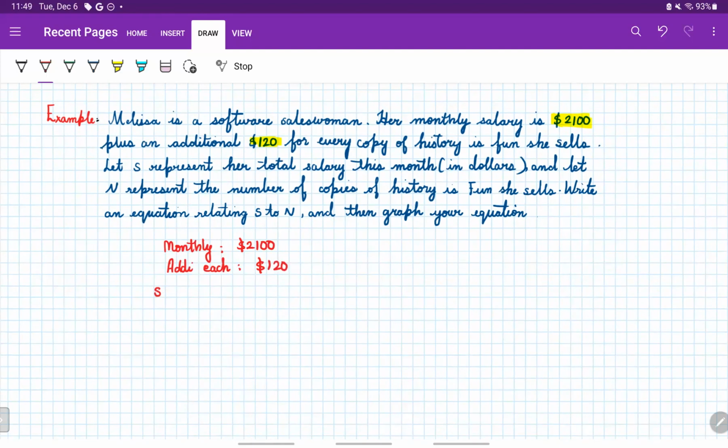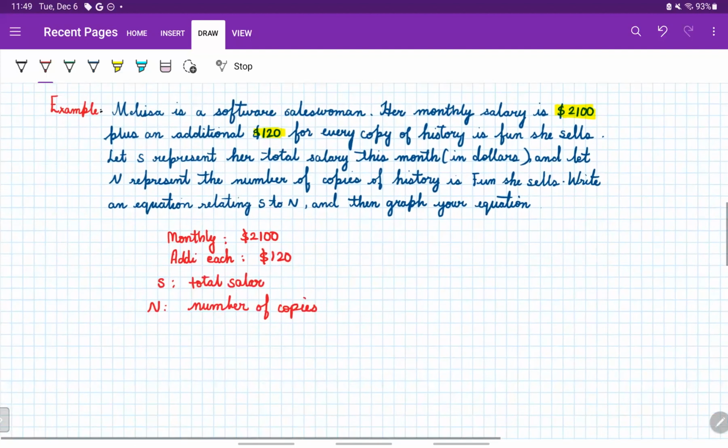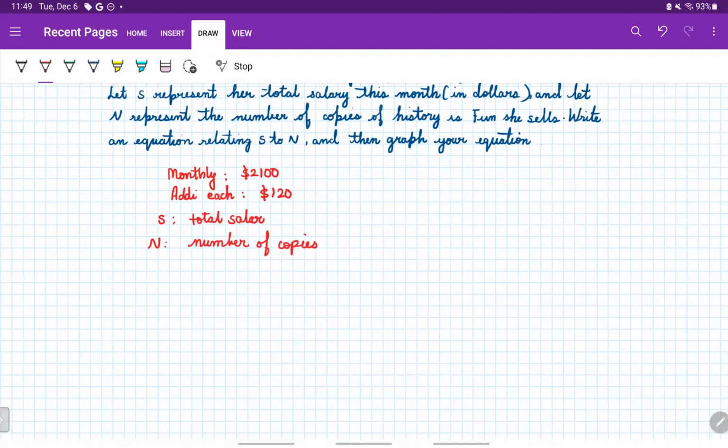So here S is total salary in dollars, and let N represent the number of copies of History is Fun she sells. N is number of copies. Write an equation relating S to N and then graph your equation. So again, we are first given a fixed amount, which is the monthly salary, which is never going to change.